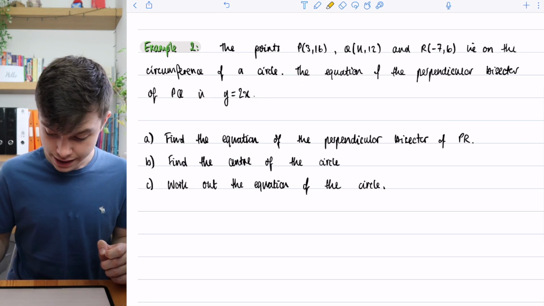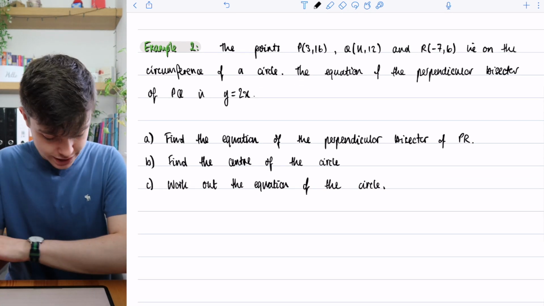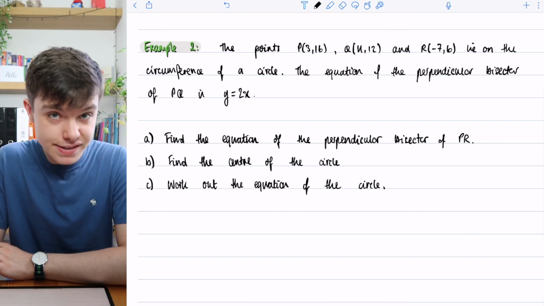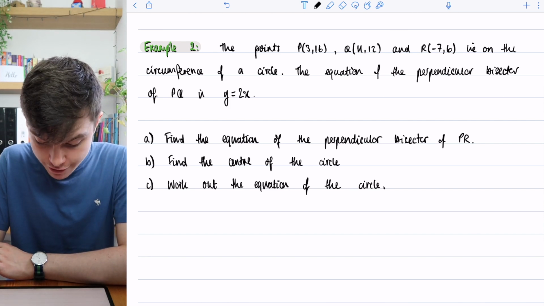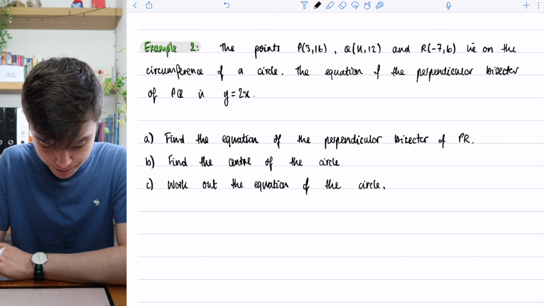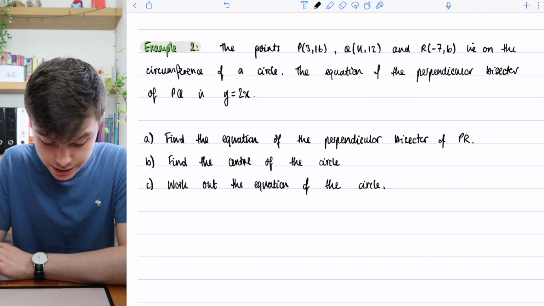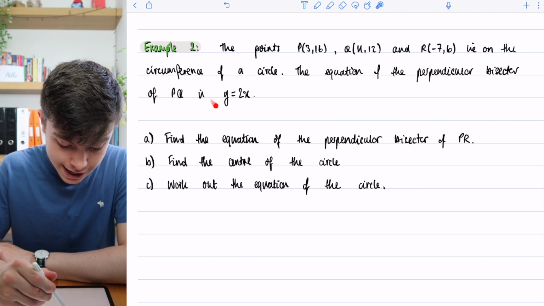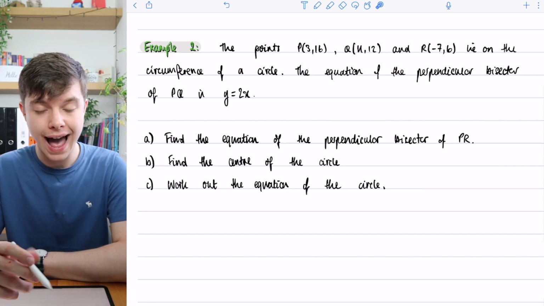Okay, let's have a look at the final example for this video. We've got 3 parts here. It says the points P (3, 16), Q (11, 12), and R (-7, 6) lie on the circumference of a circle. The equation of the perpendicular bisector of PQ is y is equal to 2x.